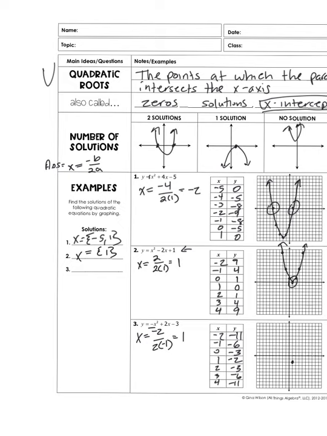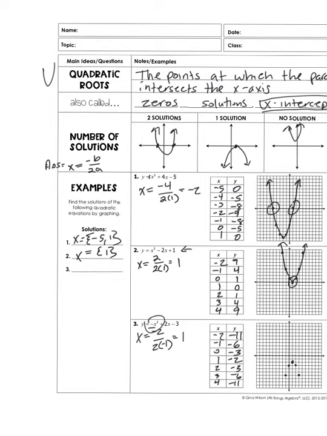I'm going to ask you, is this graph going to open up or down? Pause, think about it. Hopefully you remembered that a was negative 1, and if a is negative 1, the graph opens down. 0, negative 3, 2, negative 3, 3, negative 6, and then negative 1, negative 6.